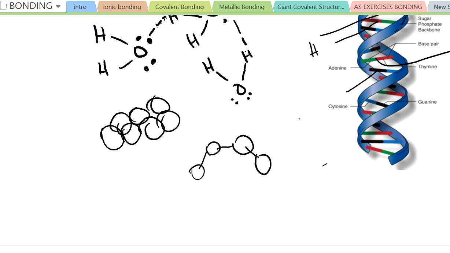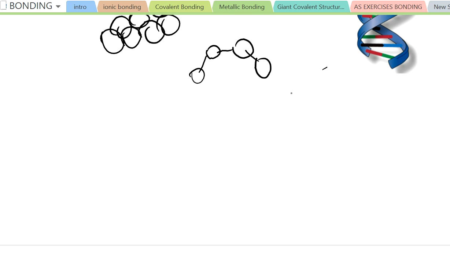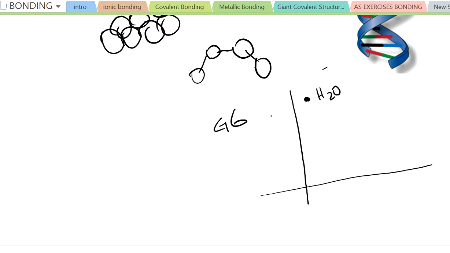Yes? The same thing they can ask you about the boiling and melting point of water. Most of it, the boiling point. If you take group 6, the first one is going to be water, yes? So water is going to be at 100 Celsius.